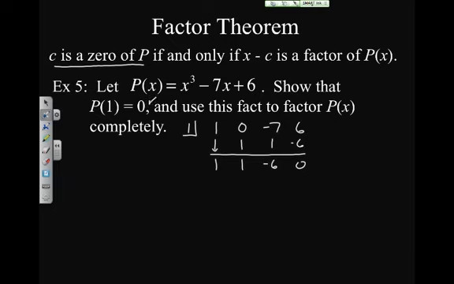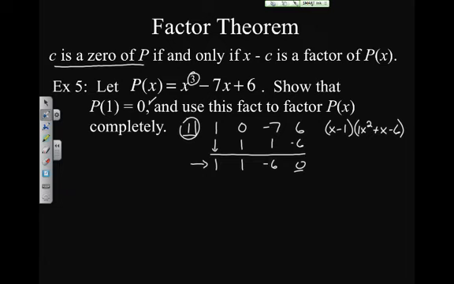The first part is done. Then we use this fact to factor p of x. Well, what we've just shown is that x minus 1 is a factor of p of x because this 1 divided in evenly. There was no remainder. Now what's this stuff that's left? The original degree was 3, so this degree has to be 2, it goes down by 1: x squared plus x minus 6. So it's asking us to factor this completely now.